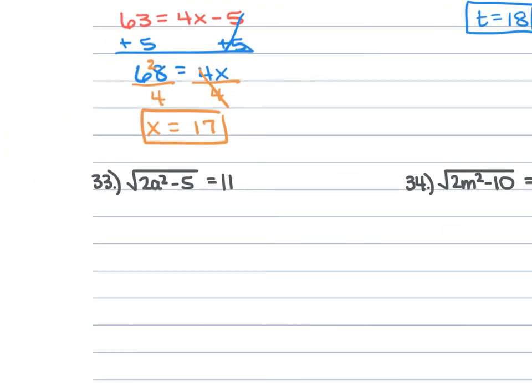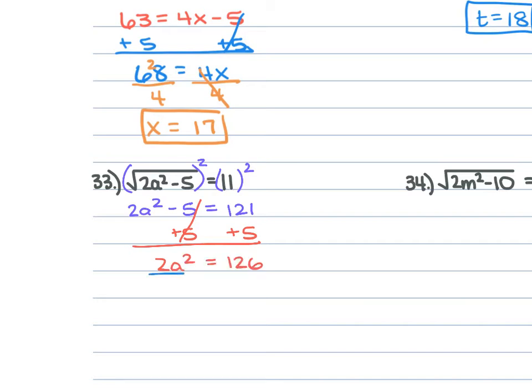For 33, with the square root of 2a squared - 5 is equal to 11, radical is isolated, square both sides. So 2a squared - 5 is equal to 121. We're going to get the a squared by itself. We're going to add 5 to both sides to get 2a squared is equal to 126. We divide each side by 2.